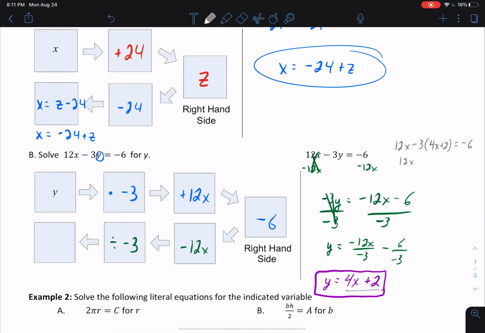If I simplify this, we'll see that the 12x's cancel out, and I'm left with -6 equals -6, which is a true statement, which means that when I solved for y and got it by itself, the expression it equals, when I plug it back into the original literal equation, everything checks out. Okay, I'm still left with the true statement. That's how you know that you solved it correctly.